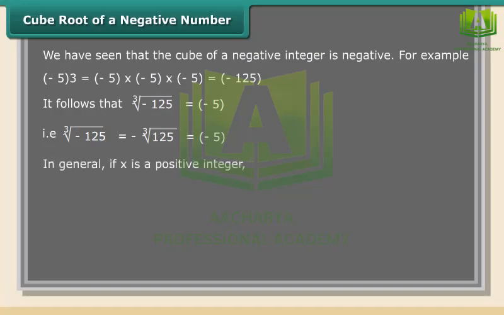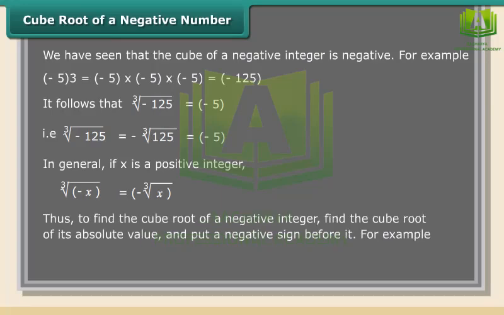In general, if x is a positive integer, ∛-x = -∛x. Thus, to find the cube root of a negative integer, find the cube root of its absolute value and put a negative sign before it. For example, ∛-64 = -∛64 = -4.